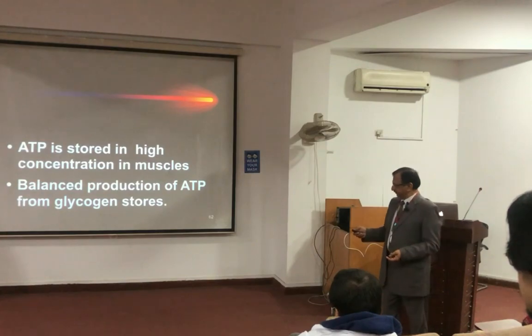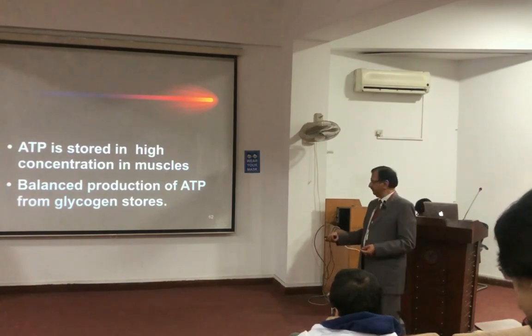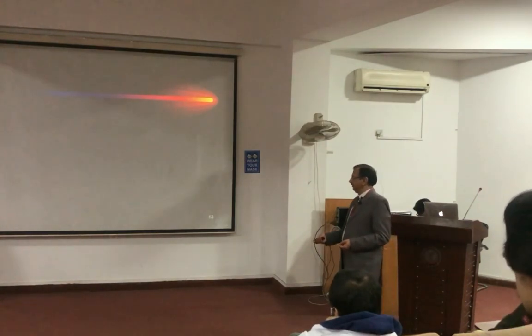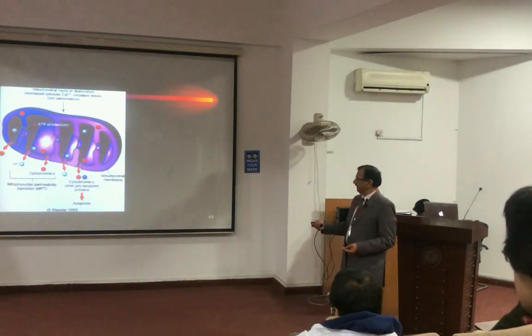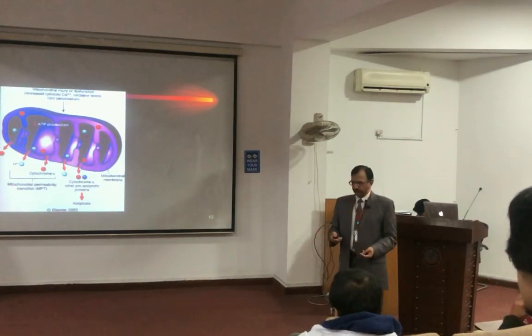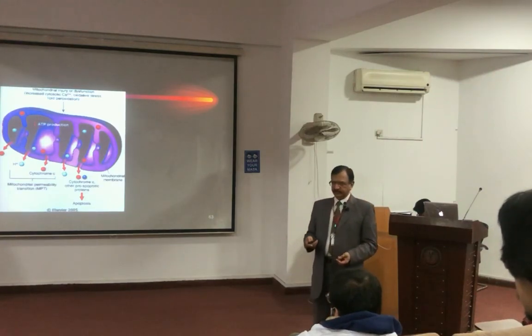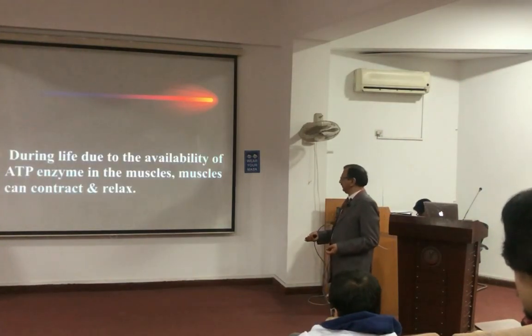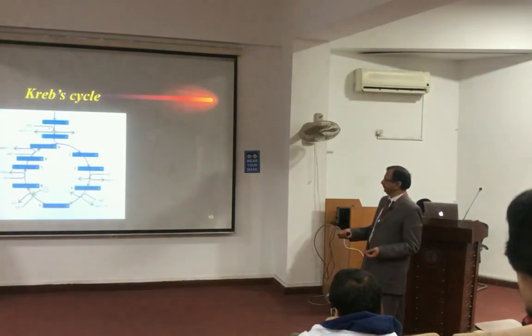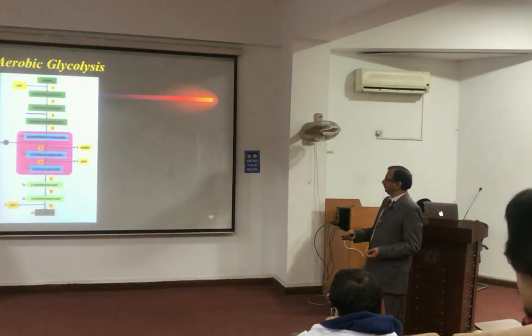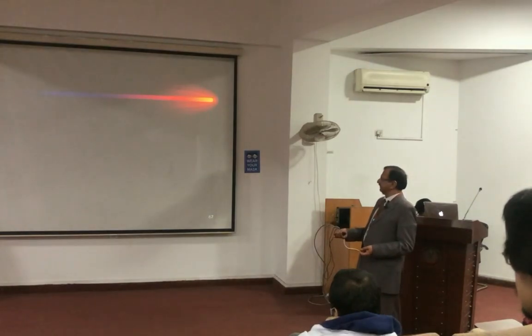And this ATP depends upon the glycogen stores in the body. And the mitochondria is the powerhouse where the aerobic processes are going on, the carbonic acid cycle and glycolysis. So these are the processes of life.